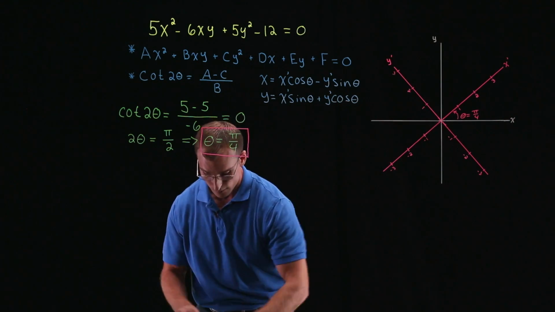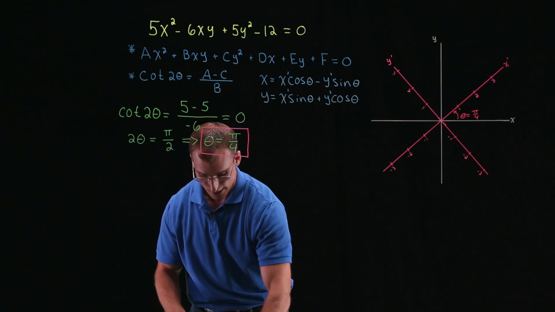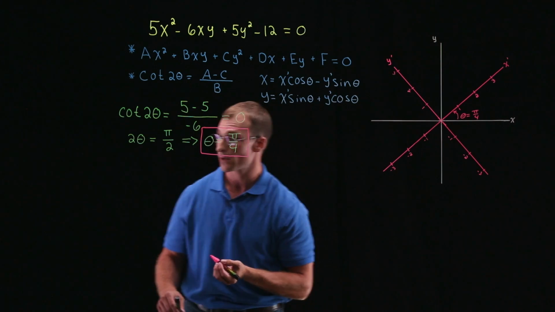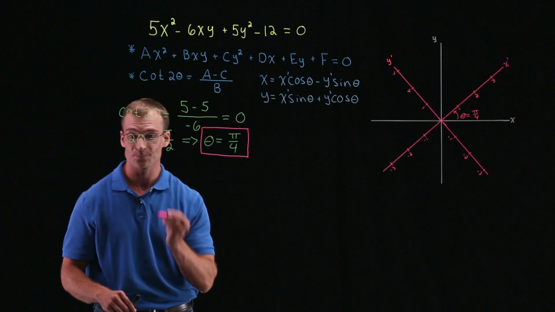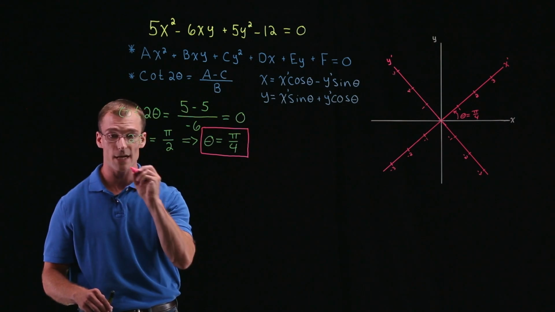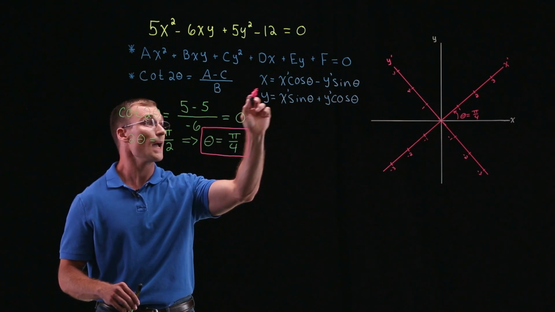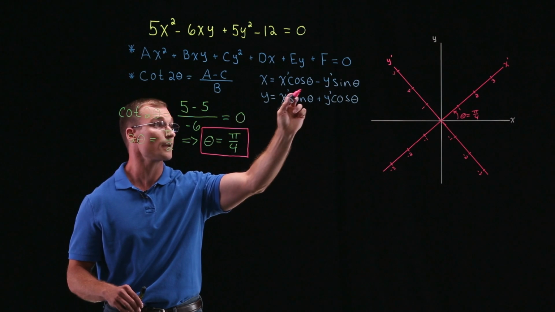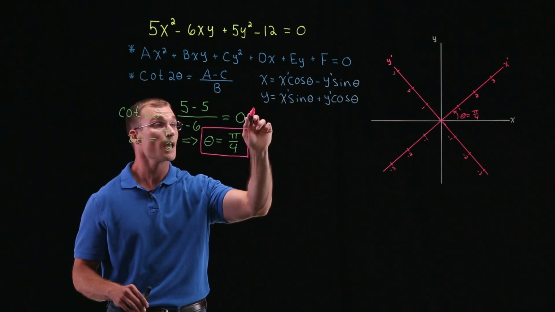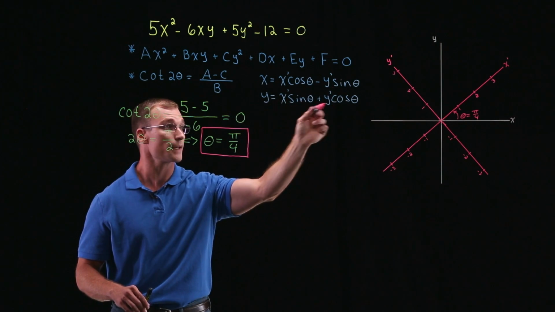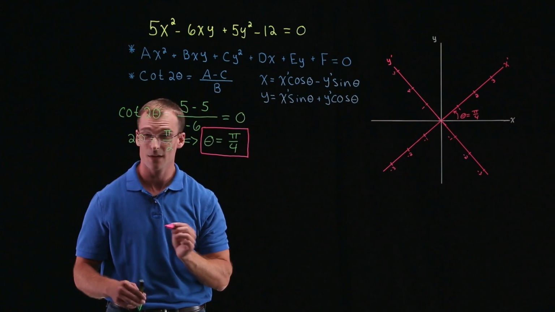Okay, now let's go back and eliminate the xy term. We have our two equations here: x is equal to x prime cosine theta minus y prime sine theta, and y is equal to x prime sine theta plus y prime cosine theta. That's what we're going to use.